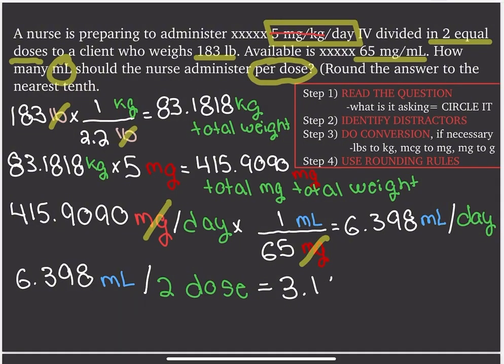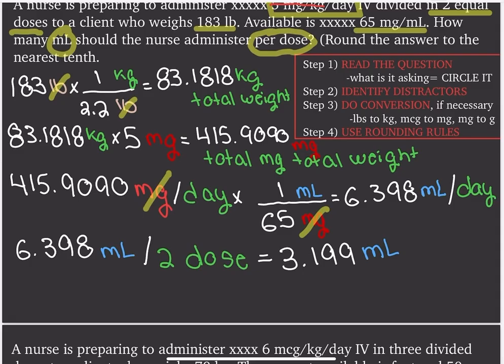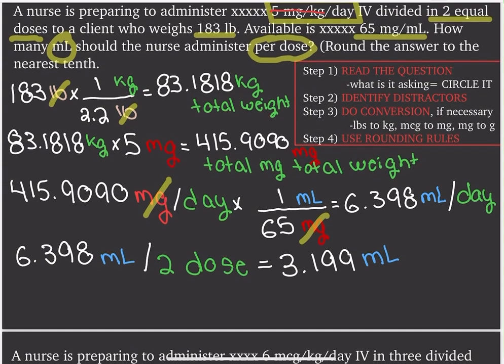And that will give you 3.199 milliliters. Now look at your rounding rules and it says round to the nearest tenth. So that'll be 3.2 milliliters per dose. And that's your final answer.